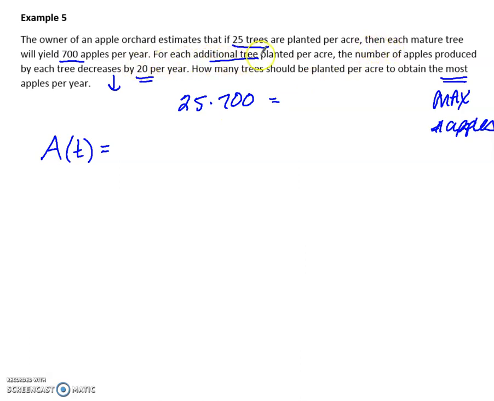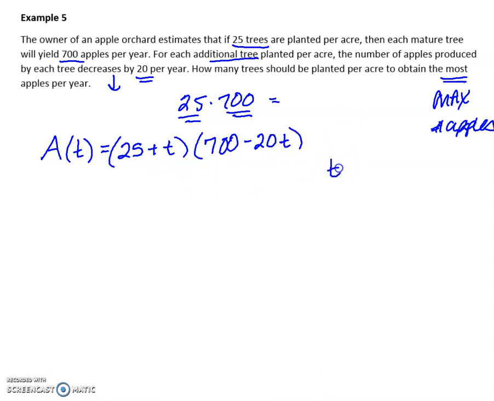Okay, so it says for each additional tree planted. So you started with 25, but you're going to add a tree. So I'm going to let the number of trees I add be my t. That's the fluctuator here. We said that the number of apples produced decreases by 20. So we would have 700, and then you'd lose 20 for every tree you add.